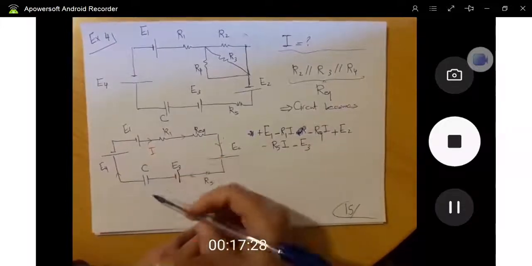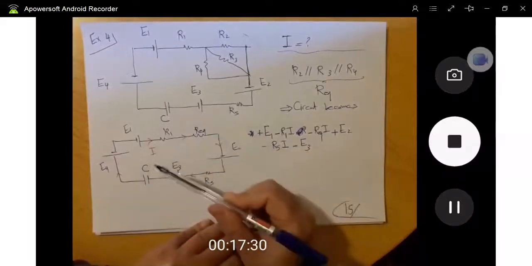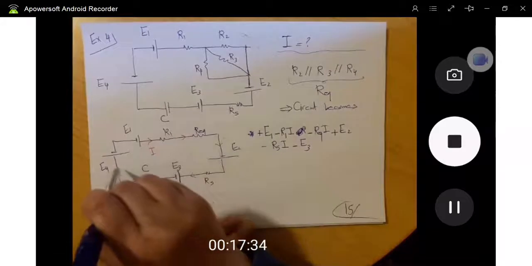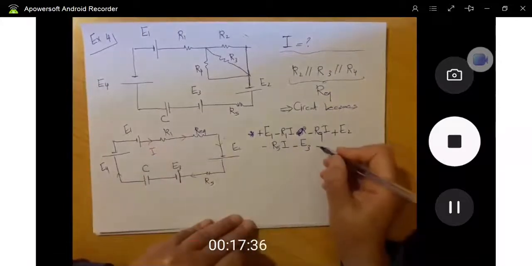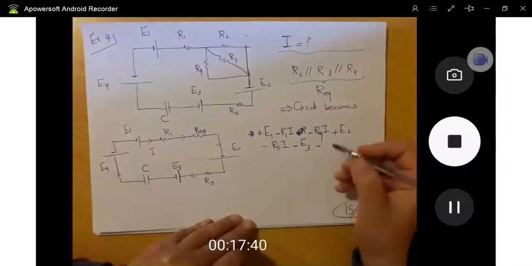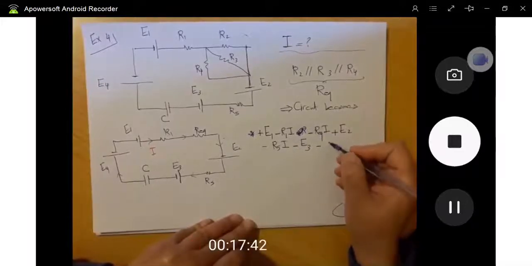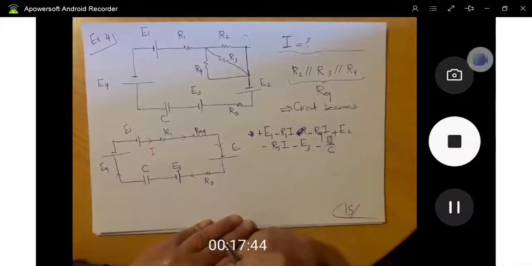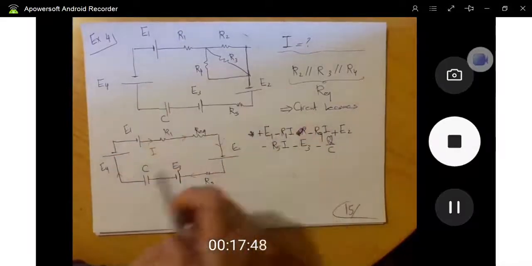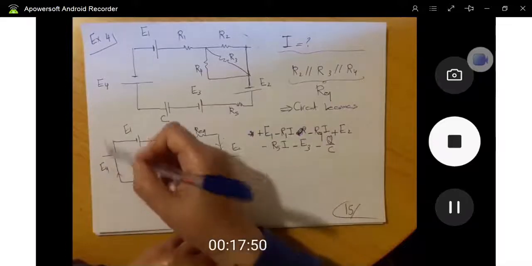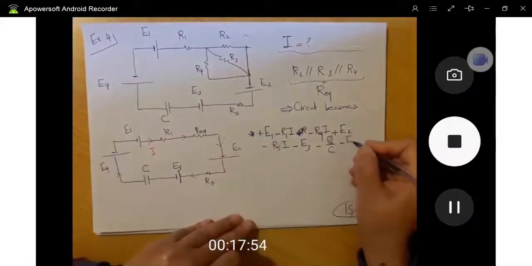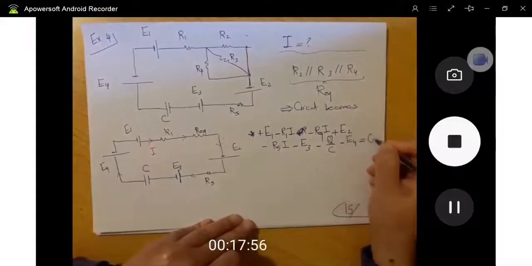For the capacitor, the current is flowing this way and I'm traveling this way, so it's a minus the potential difference across the capacitor, which is Q over C. Finally, I'm traveling upward from positive to negative, so it's minus E4, equal to 0.